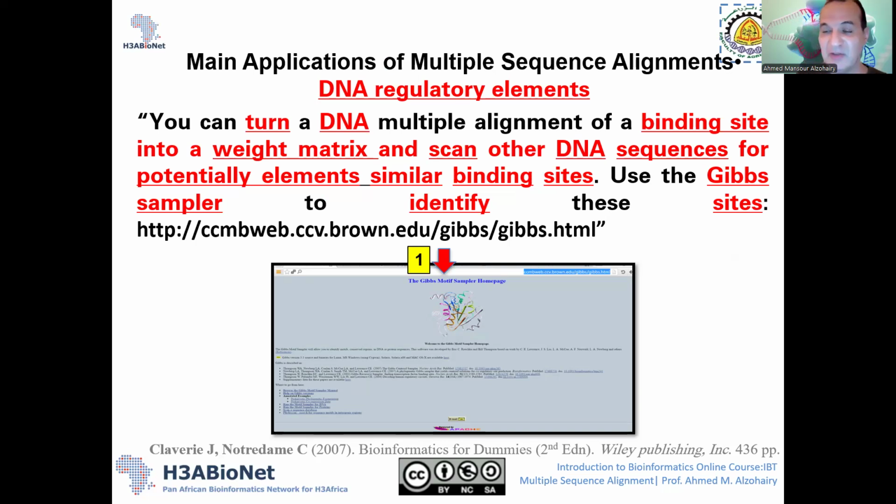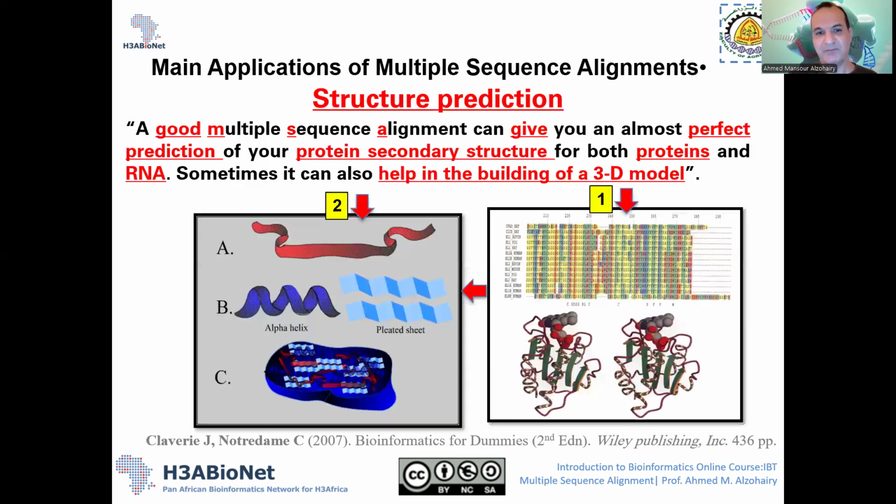If you are doing multiple sequence alignment for some genes or DNA, for example, and you are trying to identify some positions for the regulatory element, this can also be easily found using a program like Gibbs Motif Sampler, a very important program that can easily identify these positions. Also, you can use it for structure prediction.